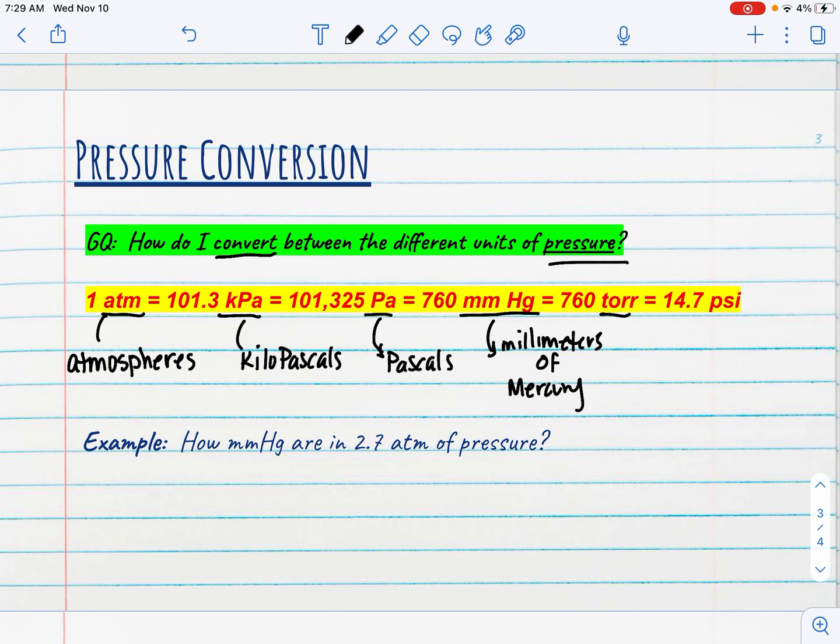We've got the unit torr, and PSI, you might see this a lot in carpentry, is pounds per square inch of space. All right, all of these values, notice this says equals, equals, equals, are equivalent to each other. They're the same amount of pressure. They're expressed in different units. So we can use it in a very similar way in conversions as we did our basic conversion.